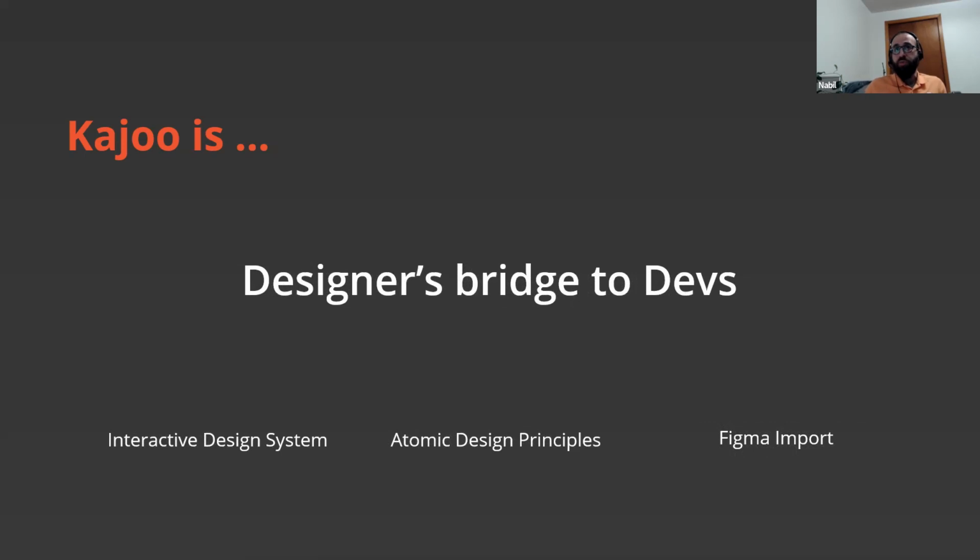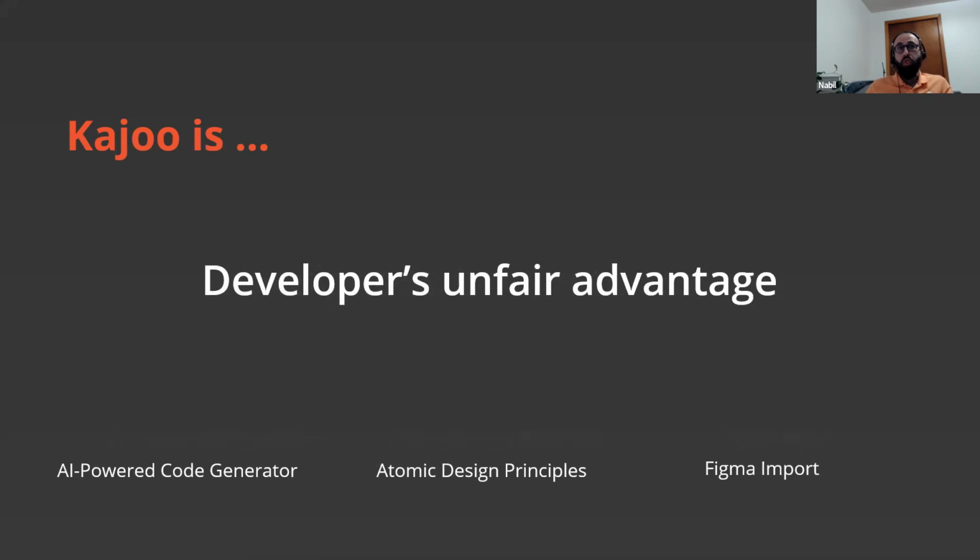It's a designer's bridge to developers or to the dev team. Kajoo provides an interactive design system, atomic design principles, and you can import your designs from Figma and code it with AI. Kajoo is a developer's unfair advantage. It's an AI-powered code generator. Instead of writing the code repetitively all over again, it generates the code for you from design.